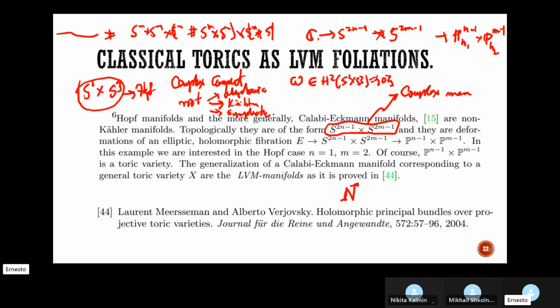It's complicated, but it's a complex manifold. And there is one of these for every complex toric variety.